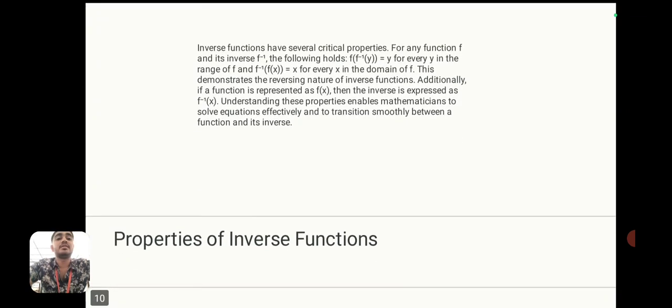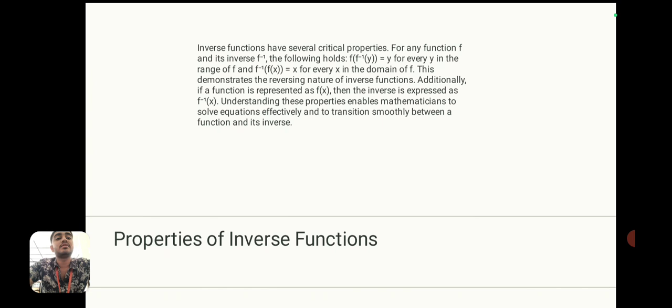The inverse function has several critical properties. For a function f and its inverse f inverse, the following holds: f(f inverse(y)) equals y for every y in the range of f, and f inverse(f(x)) equals x for every x in the domain.